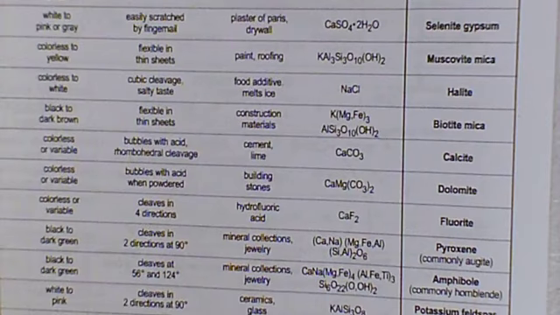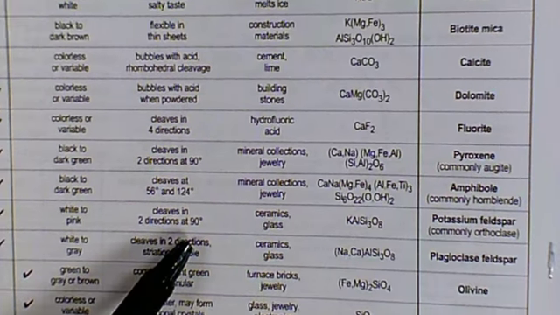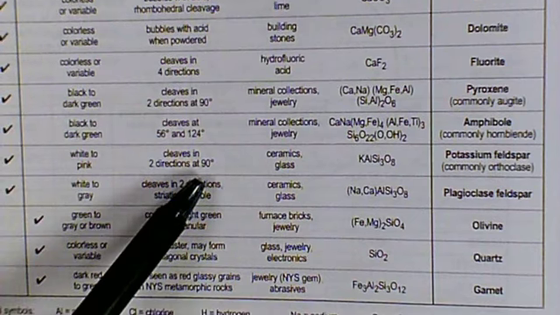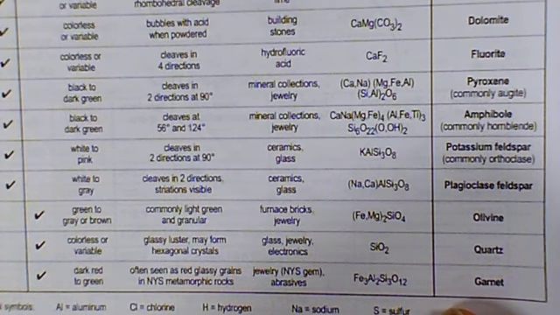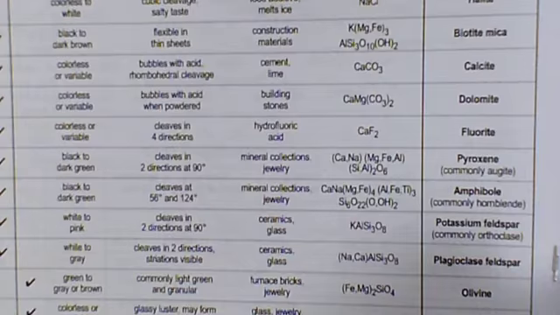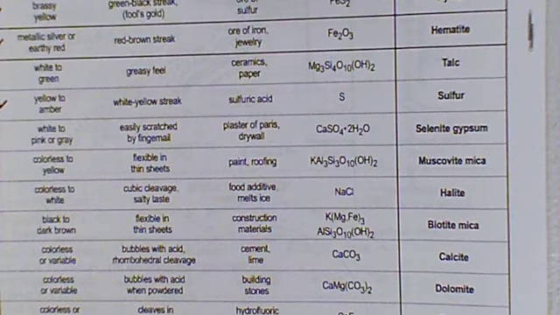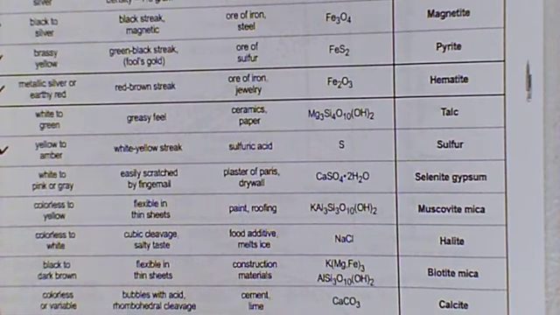Gypsum I don't even think is on our list, and the reason is that these are common minerals found in New York State for the most part, and I'm guessing that gypsum is not very common in New York State. So that is not on our list. A sulfate group is SO4 and not here.